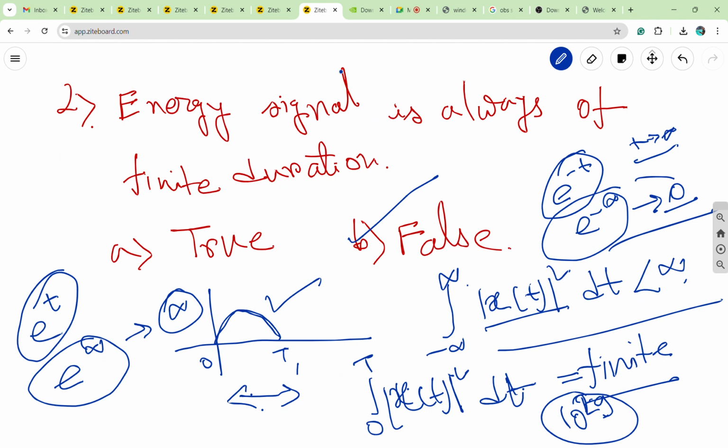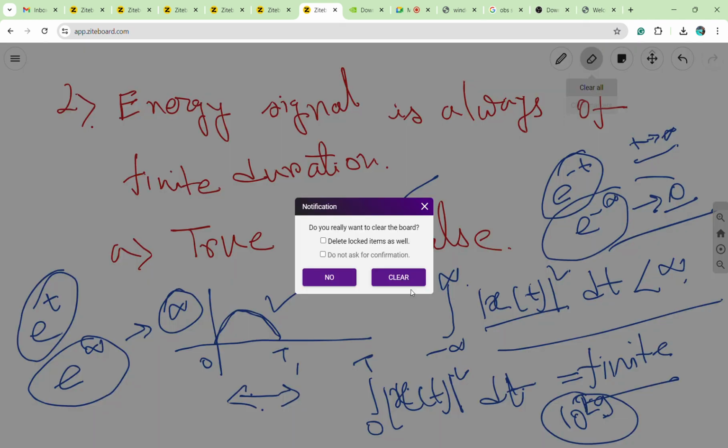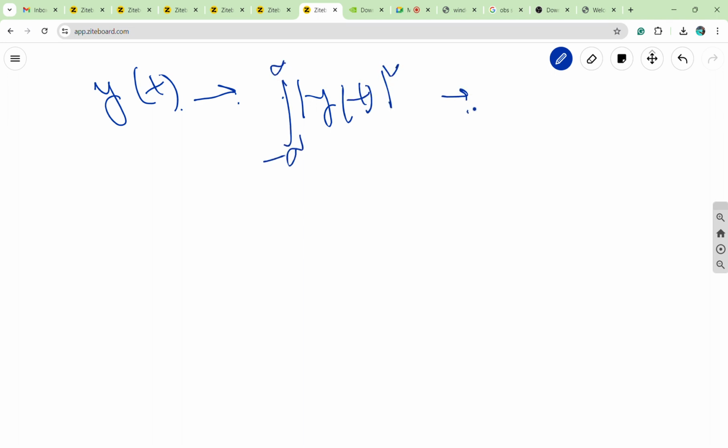So I will just write this. You basically have a signal y(t). The first point is you go through y(t) square from minus infinite to infinite and check whether it is finite or infinite.